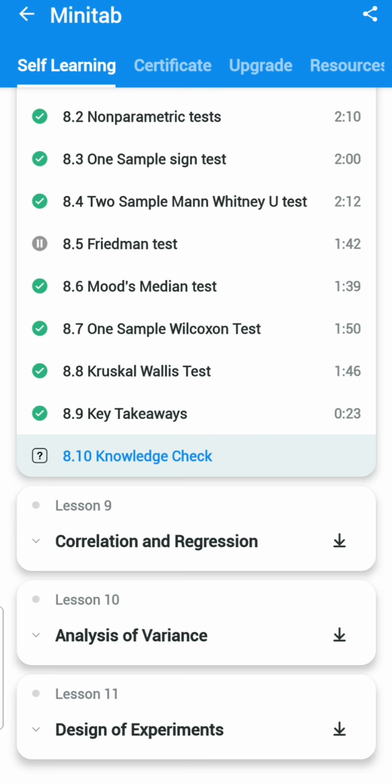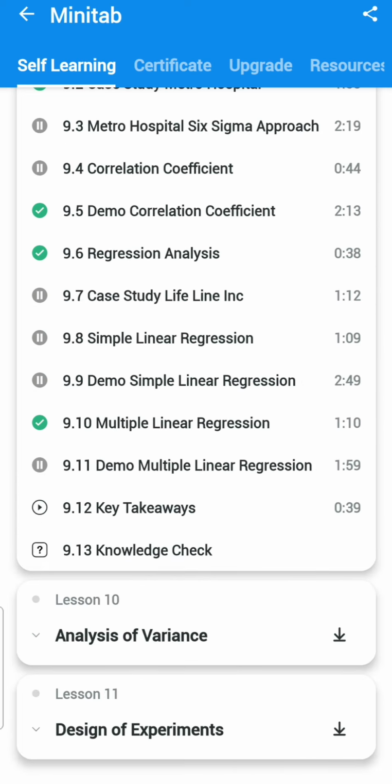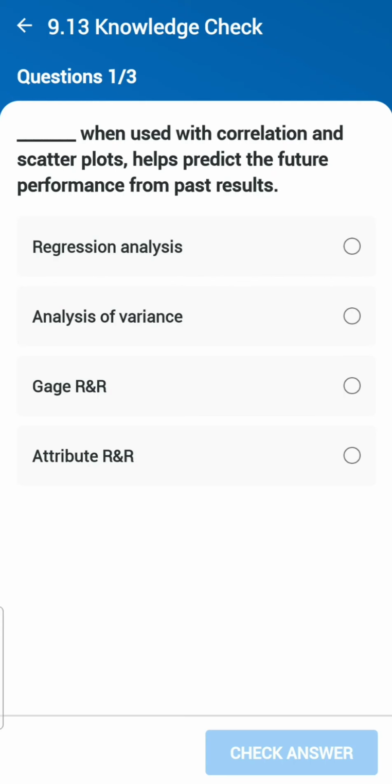Okay, let's go to the ninth one. This technique, when used with correlation and scatter plots, helps predict the future performance from the past results, and regression is the best technique.